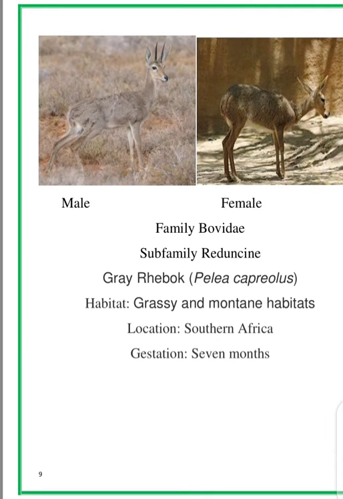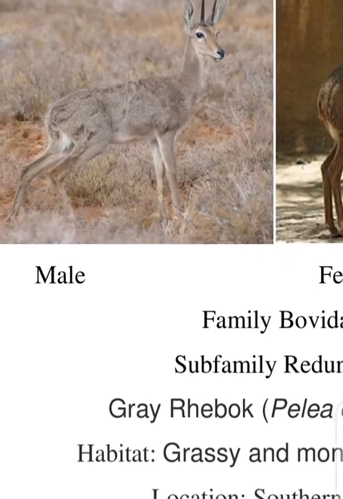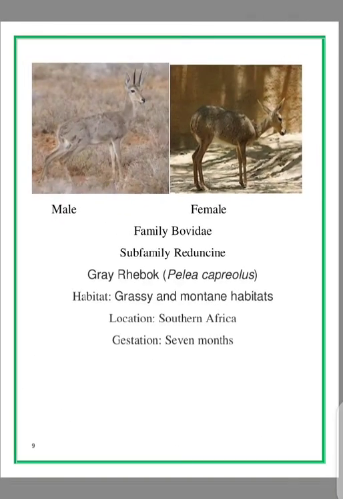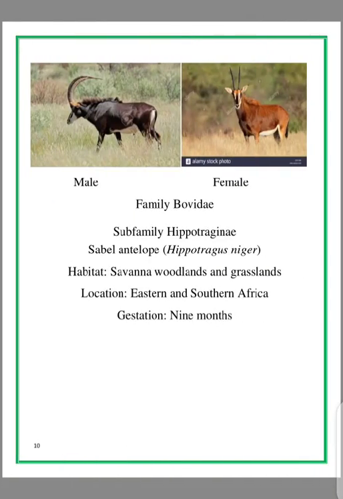And this is the grey rhebok, Pelea capreolus. It is a grassy and mountainous type of animal found in South Africa with a 7-month gestation period. Let's look closer. You can see the male and this is the female. It also exhibits sexual dimorphism, the difference between male and female structure.